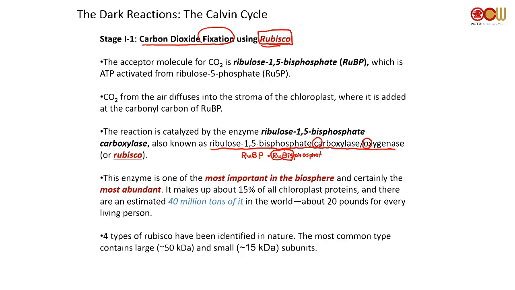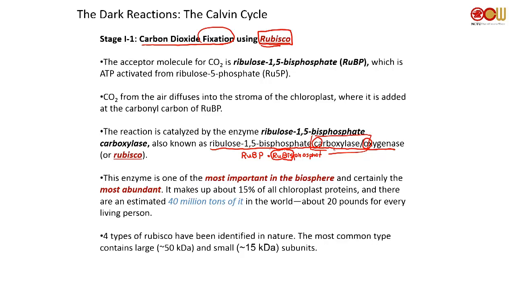Rubisco is a protein that does CO2 fixation. So if it can do CO2 fixation, guess what? It's a carboxylase. Remember that we talked about 2 different carboxylases so far.